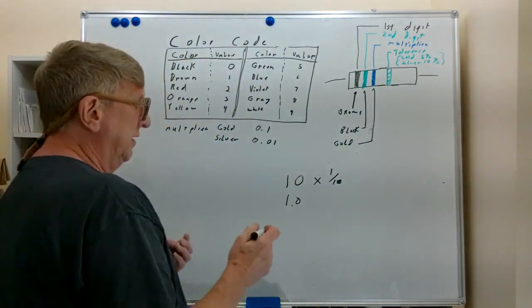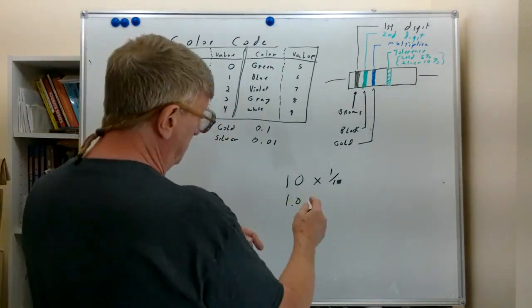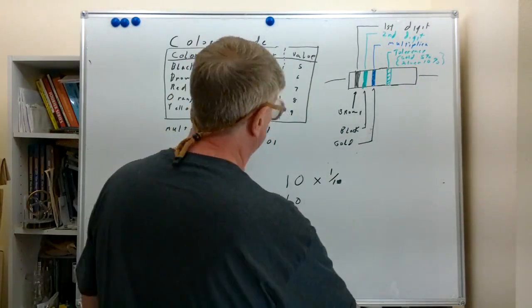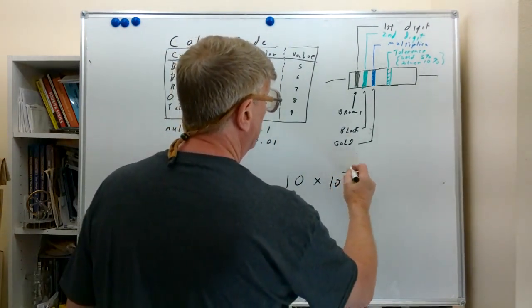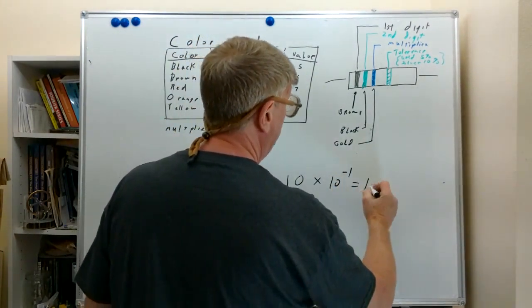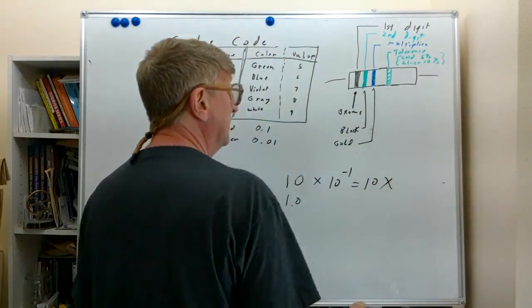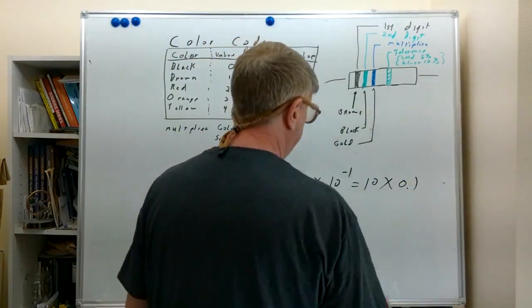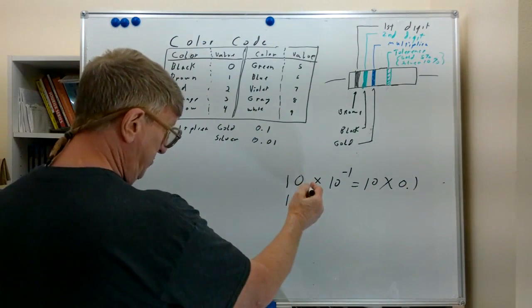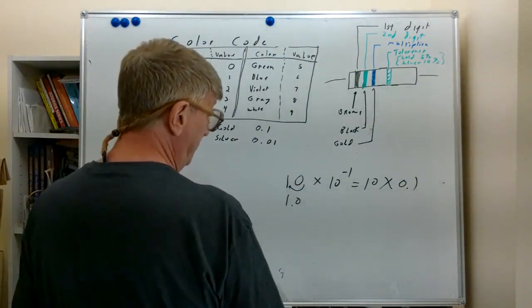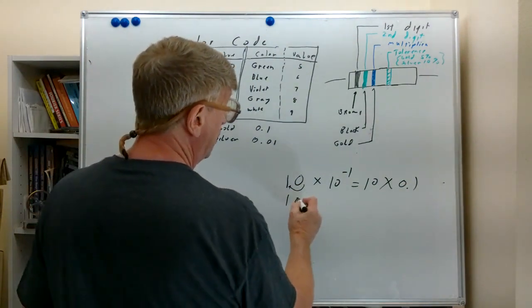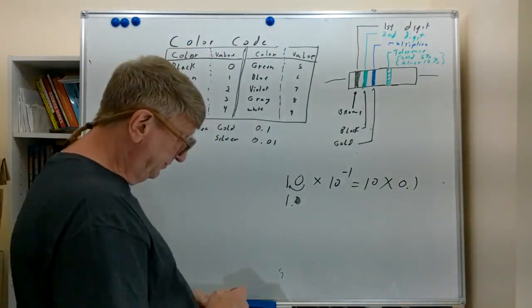So we could look at that 1/10 as basically 10 to the minus 1. That equals 10 times 0.1, 1/10. That would be moving this decimal place 1 to the left to reduce the value, giving us a 1 ohm resistor.